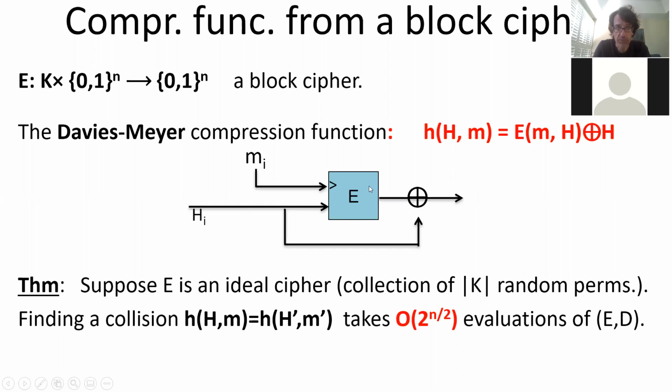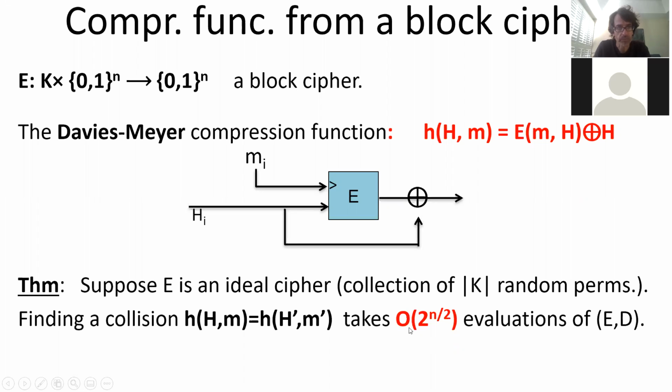In that very strong model for what a block cipher is, you can show that finding collisions must take this many evaluations of E and D. You cannot find collisions faster.